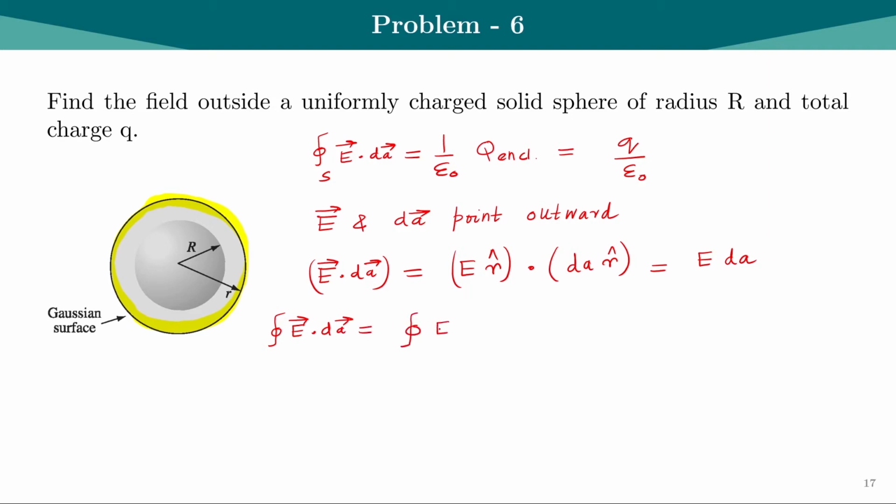the surface integral of E dA. This is equal to E times the integral from 0 to 2 pi, integral from 0 to pi, of r squared sine theta d theta d phi. And as before, this integration becomes E times 4 pi r squared.